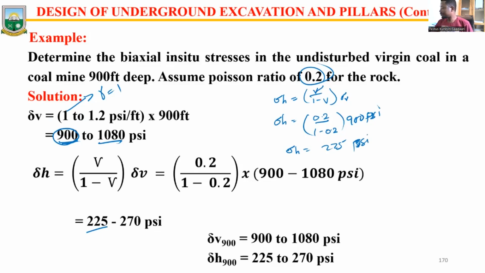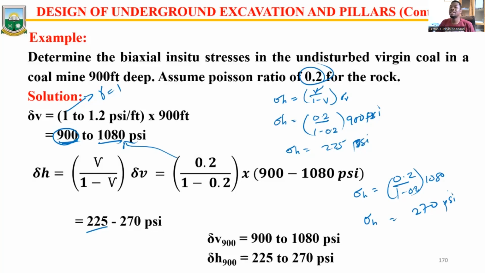Then we have your second one. Again, you pick sigma H is equal to 0.2 over 1 minus 0.2. Multiply that by this value, which is 1080. After you have done that, you come up with 270 as your answer, psi.